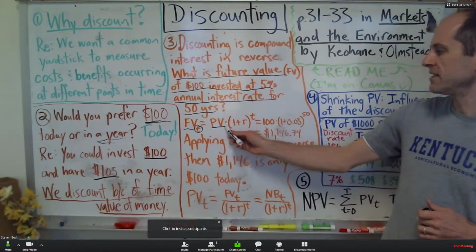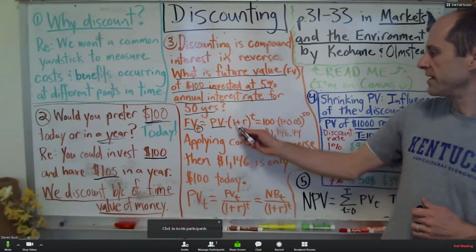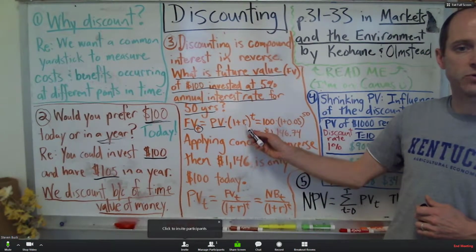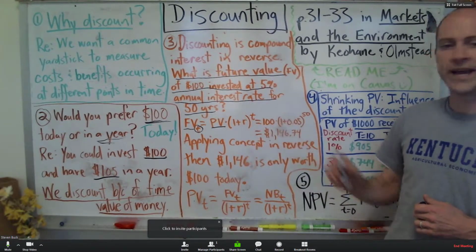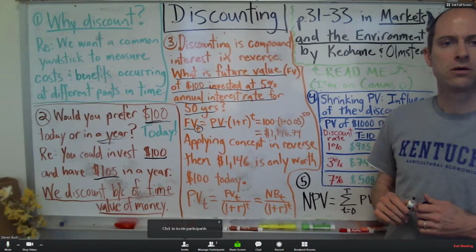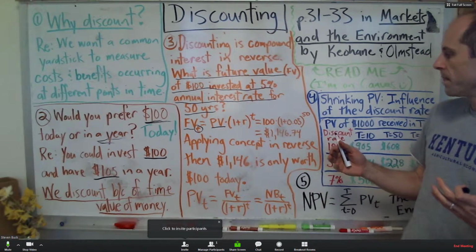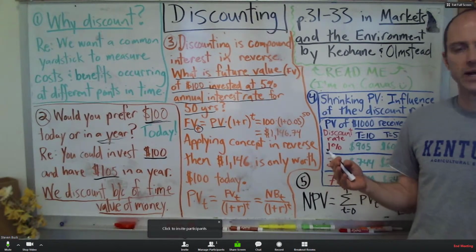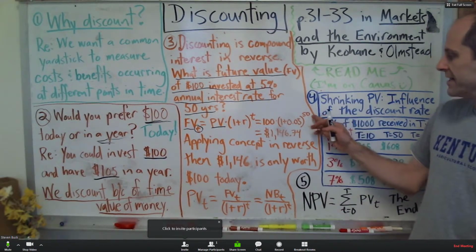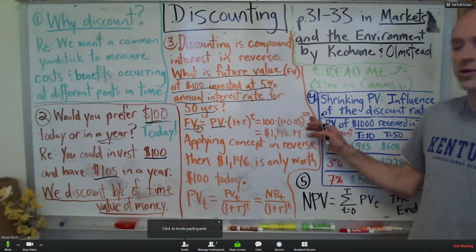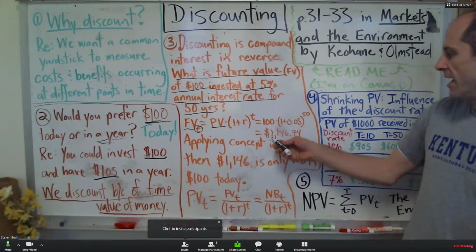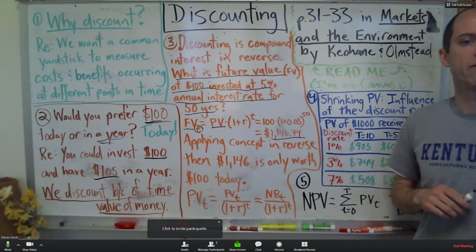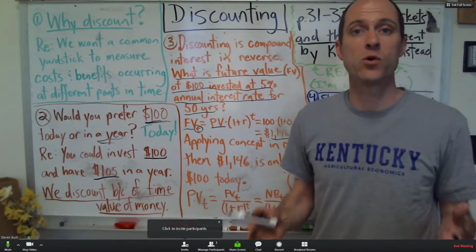It's going to be the present value multiplied by 1 plus the interest rate, r, raised to the t power. So if we have $100 at a 5% interest rate, well, compounding that interest over 50 years, we're going to arrive at $1,146.74.